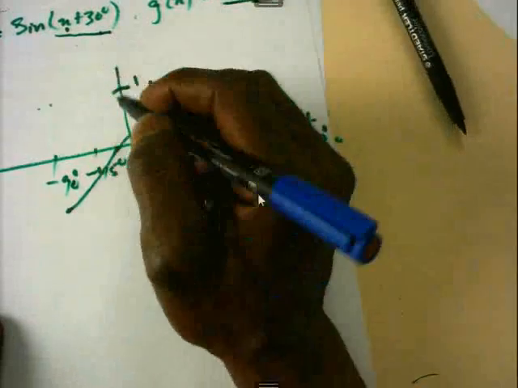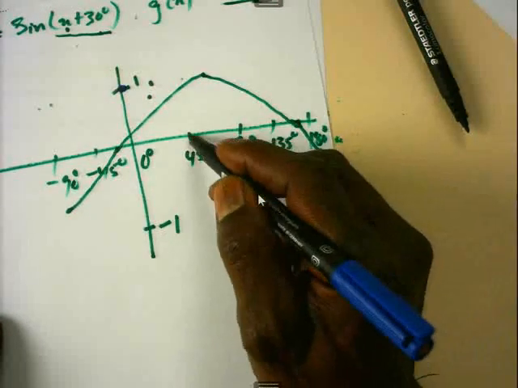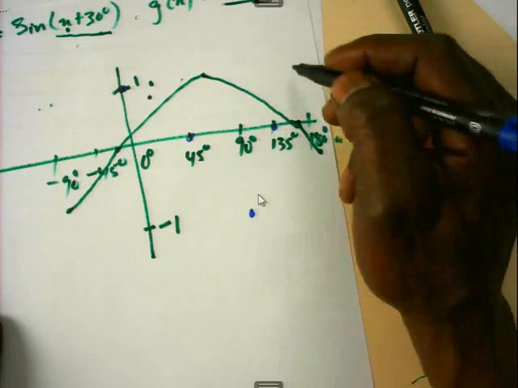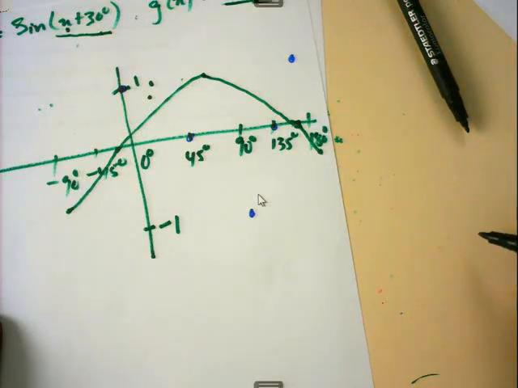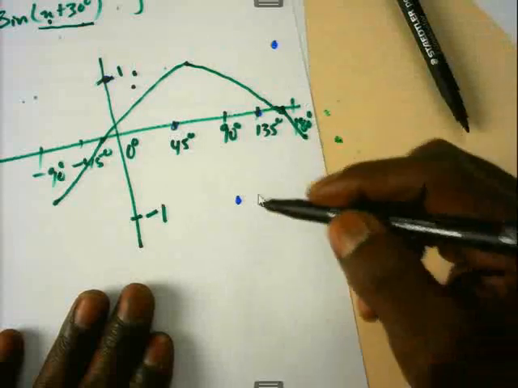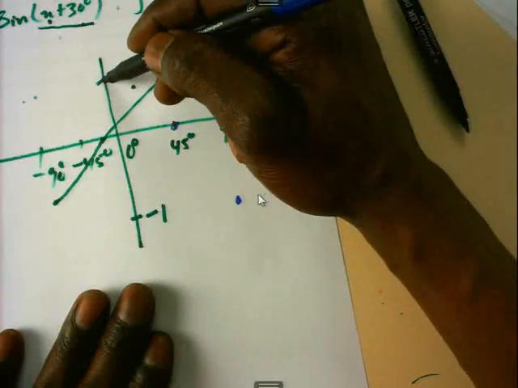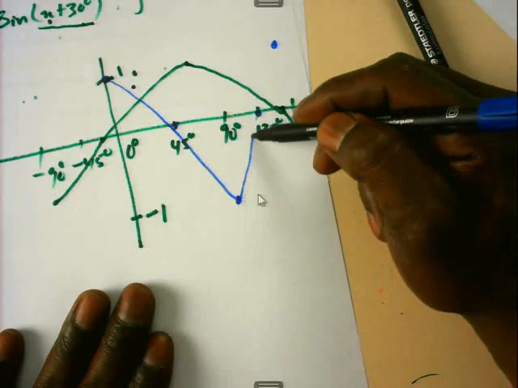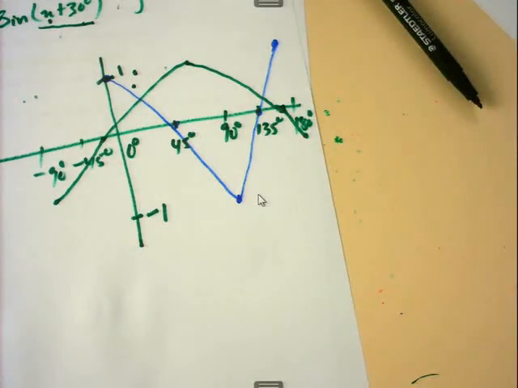I'm having 1, 0, negative 1, 0, 1. I'm tempted to say 0, negative 1, 0, 1, but I cannot do that. I'm restricted to work up to 180 degrees. So I join this set of points. This will be my curve.